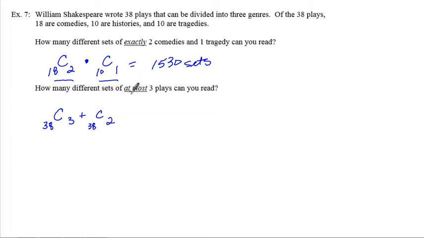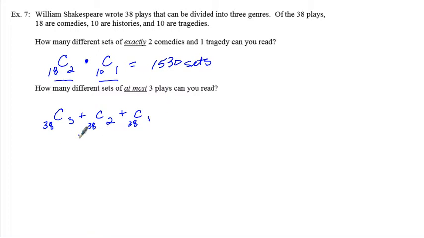Remember the word at most, meaning we could read 1, 2, or 3 plays. So we could either read a combination of 3 out of the 38, or we could read a combination of 2 of the 38, or we could read a combination of just 1 of the 38. That's how many different ways we could meet this need of at most 3 plays.